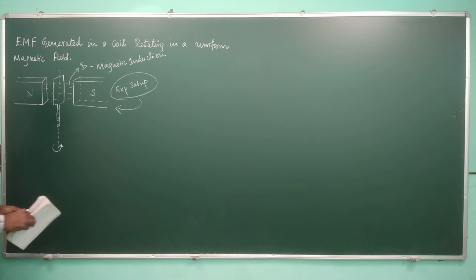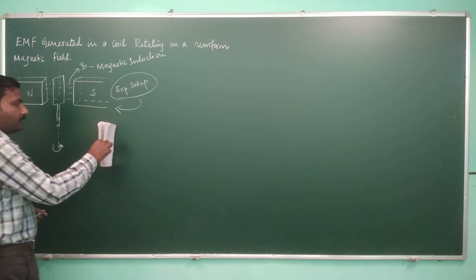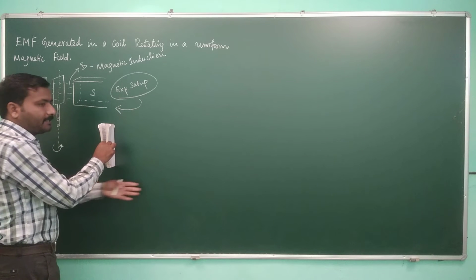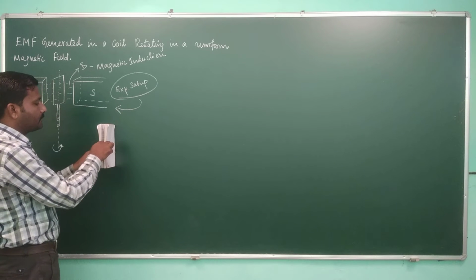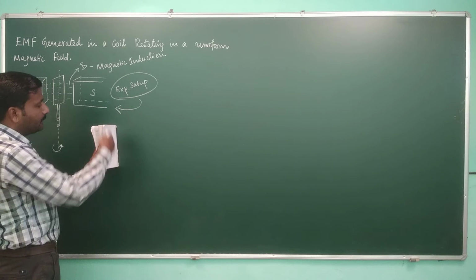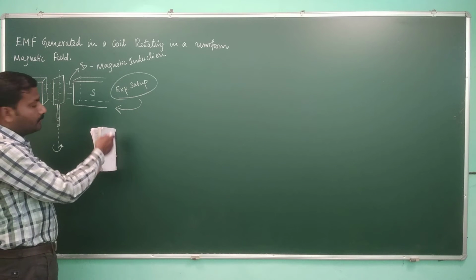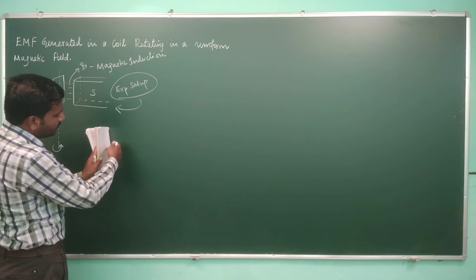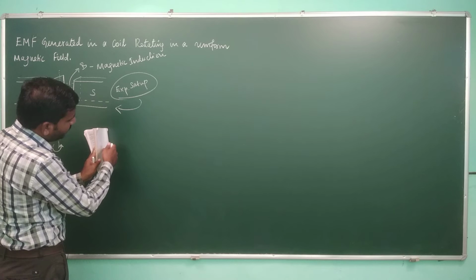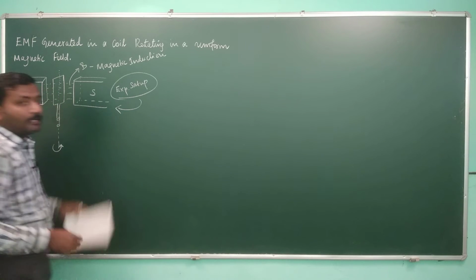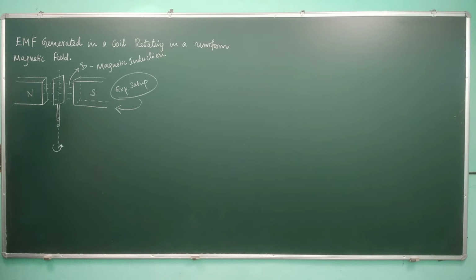Now in that case, if this is placed like this and this is the direction the magnetic field lines traverse, and if you draw a perpendicular to the plane of the conducting coil, that normal will be parallel with the direction of the magnetic induction.